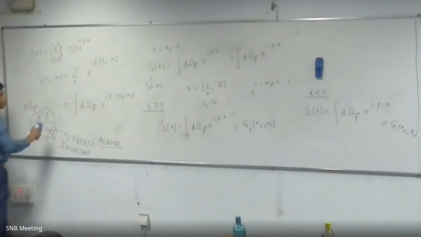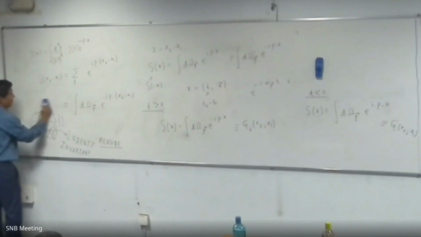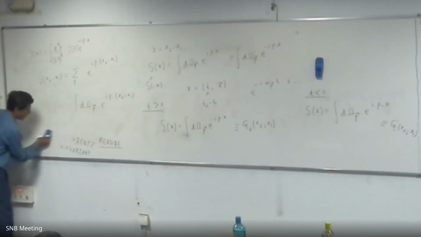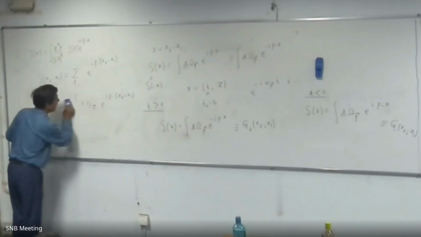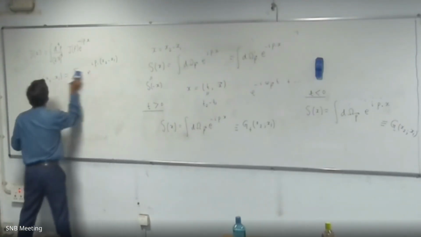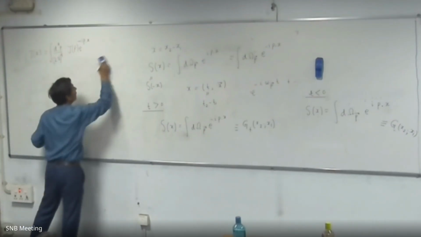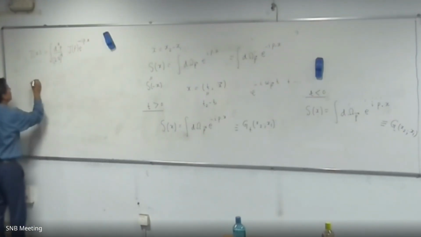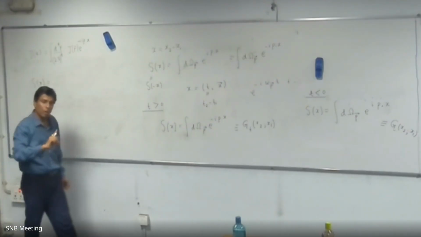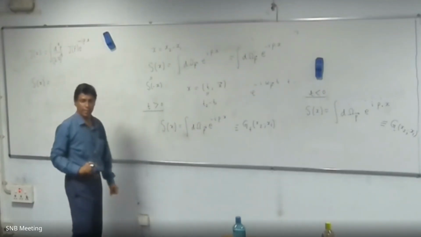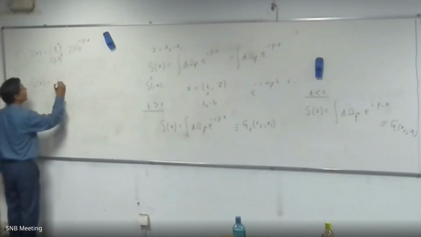It's not that straightforward, but it's not that difficult also. So if you bear with me for this part, then you can now write down a general s of x, which is true for all t, whether t is greater than 0 or t is less than 0. And that you can write in the following way.